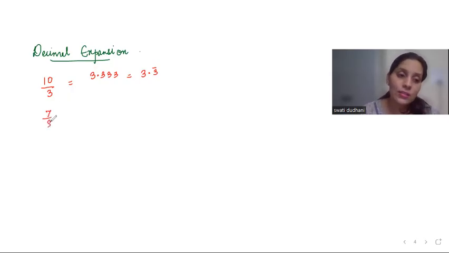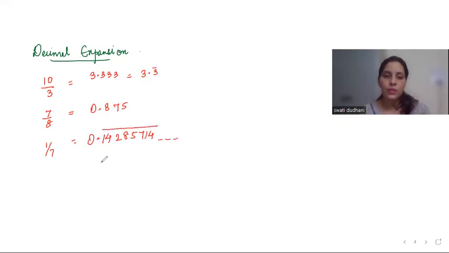Or let us take 7 by 8, which is 0.875. And 1 by 7, which is 0.142857 and so on, and the same thing repeats. So these are some numbers. Now let us see what they are.